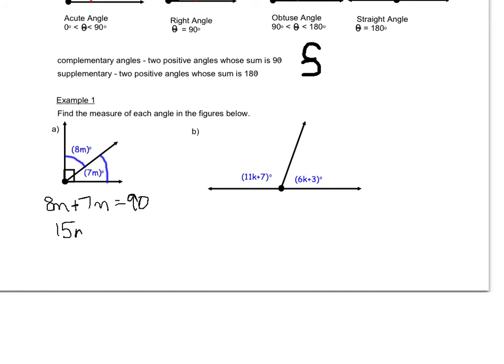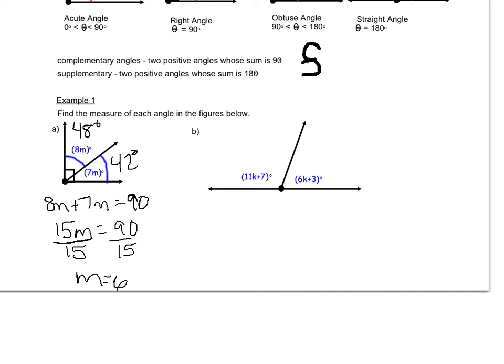So we have 15m equals 90. Divide both sides by 15. So m equals 6. So then we take that 6 and we plug it back in. So 8 times 6 is 48 degrees, and 7 times 6 is 42 degrees. So we have a 48-degree angle and a 42-degree angle. And if we were to add those back together, we do get 90 degrees. So that's one way of checking yourself to make sure you did it correctly.